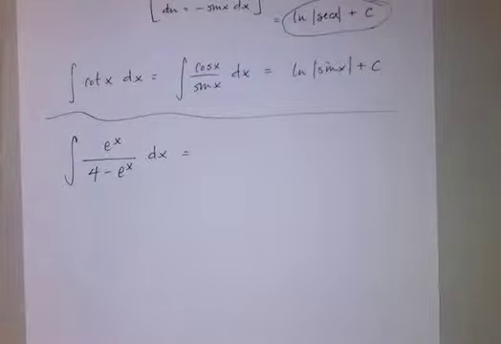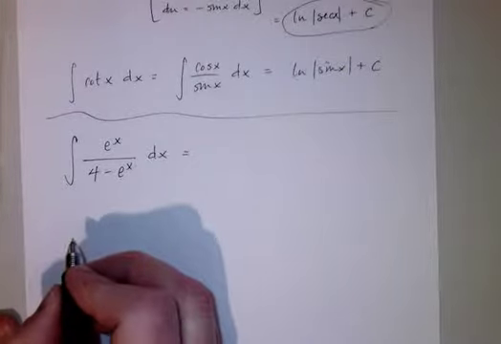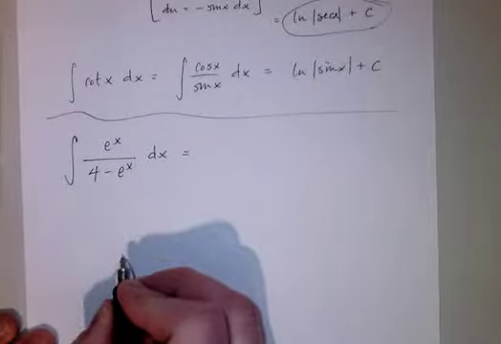Is this natural log, or is this inverse trig? Let's suppose this is a weird variation of being able to split it apart.